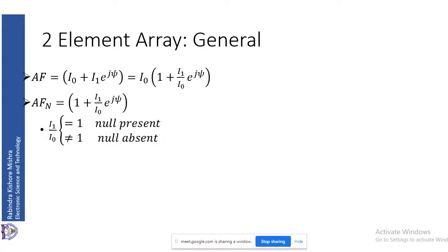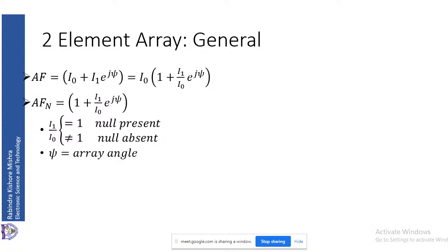So this is the condition for getting a null in an array of two elements: the current amplitude must be the same for both elements. Otherwise you will not get a null. You will definitely get a minima when the two vectors are subtracted, but you will not get a null. So the null is absent if I1 upon I0 is not equal to 1.